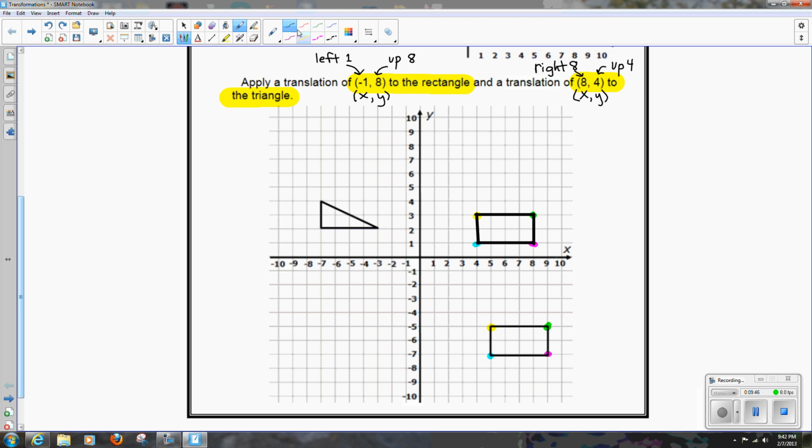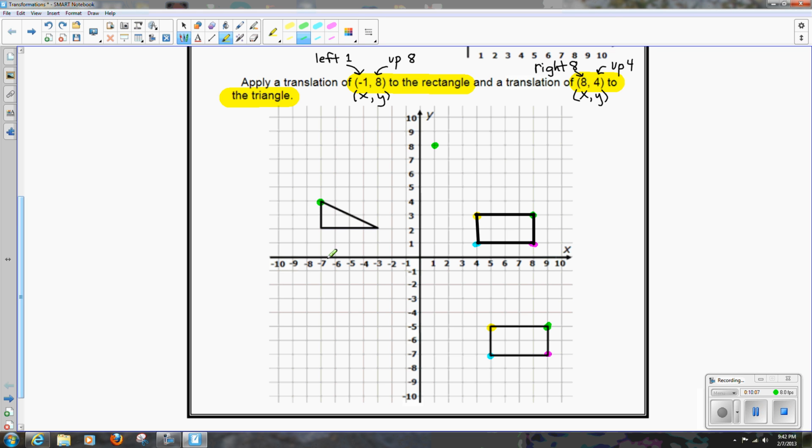So now all we have to do is take each point, mark it, and I'm going to go to the right 8. 1, 2, 3, 4, 5, 6, 7, 8, and then up 4. 1, 2, 3, 4. Now let me double check the numbers here.